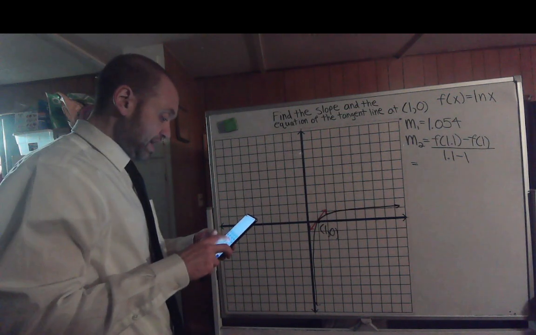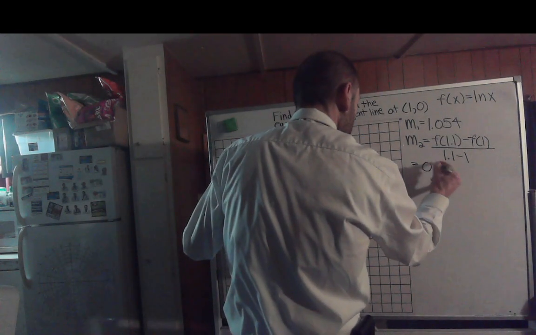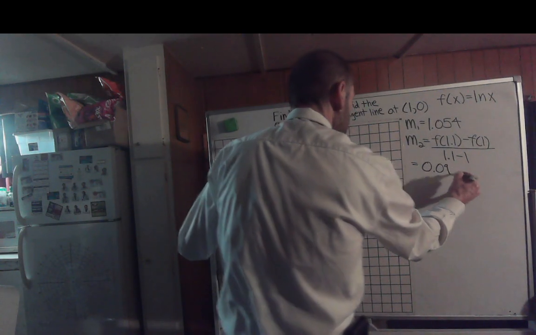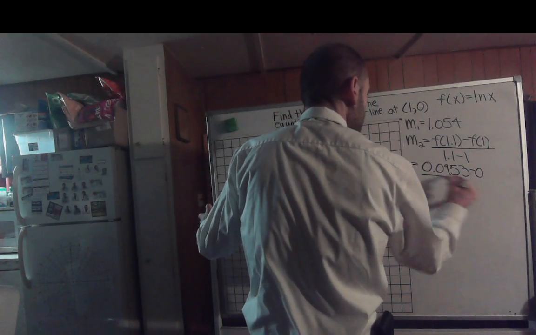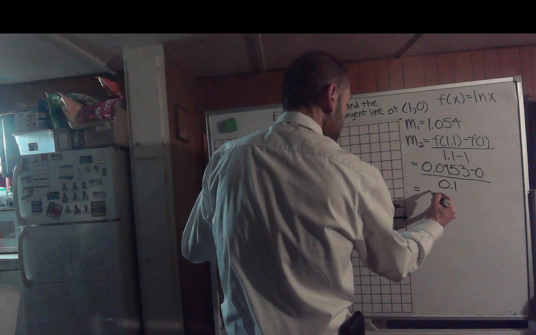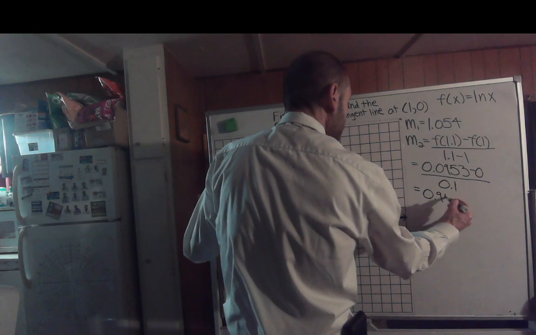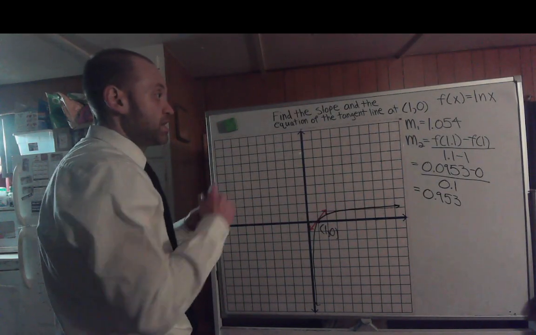It's about 0.0953 minus the natural log of 1, which is 0. Divide that by 1.1 minus 1, which is 0.1. This simplifies into 0.953 for the slope of our second secant line.